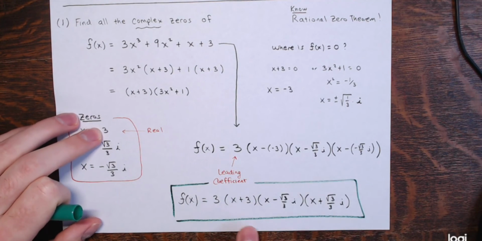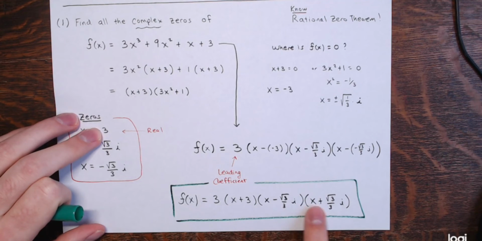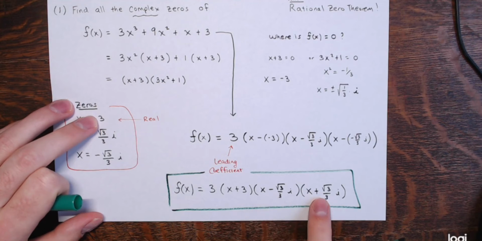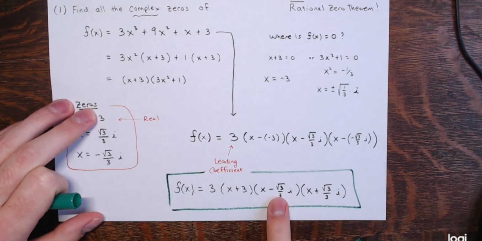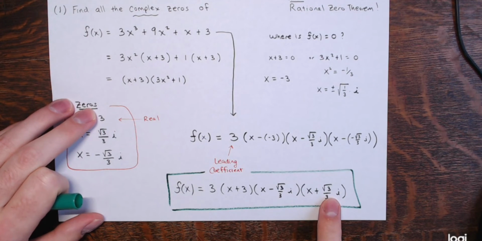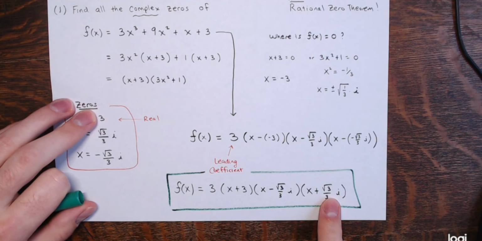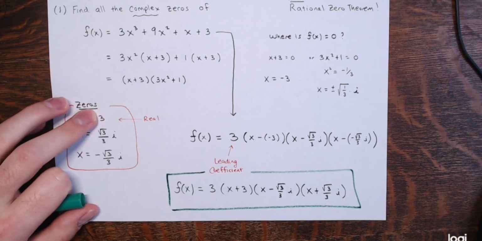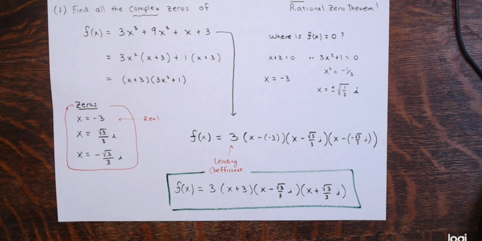If you were to multiply this out, so multiply these two here, you'd get x squared plus 1/3, and then times the 3 would be 3x squared plus 1, and then 3x squared plus 1 times x plus 3 would give me the original back like I showed you over here.